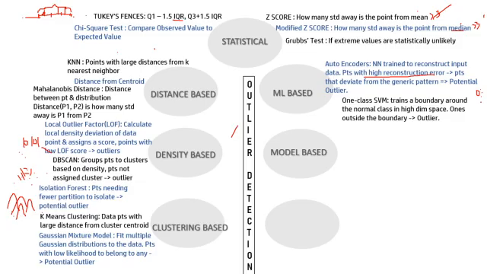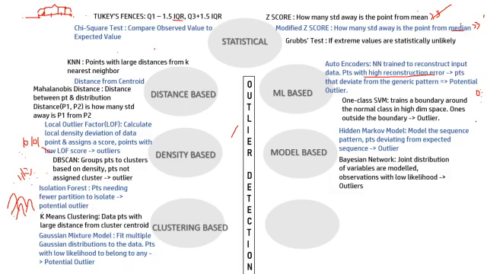Then you have some model based methods like hidden Markov model, which models the sequence pattern, and the points which deviate from the expected sequence become an outlier. Then you have Bayesian network model, which is a graphical model that represents a probabilistic relationship between variables, and the observations which have a low likelihood will be your outliers.